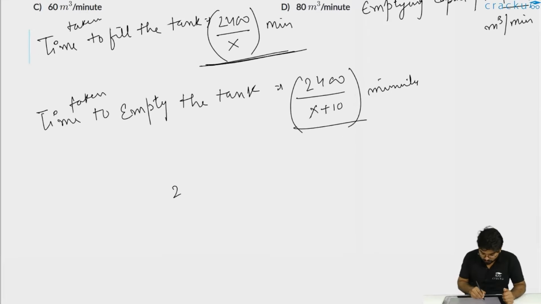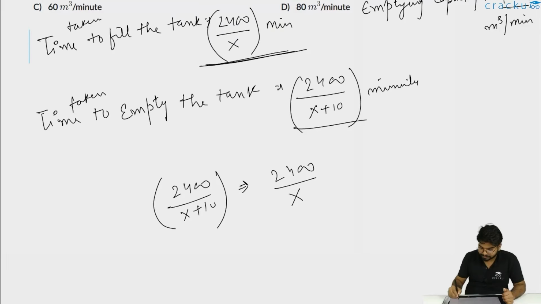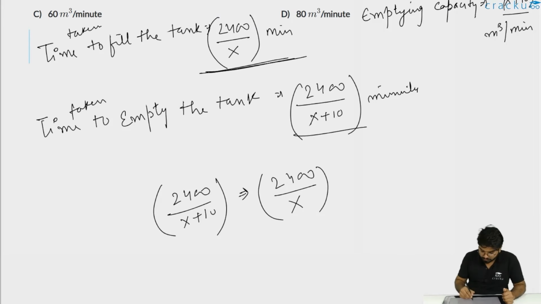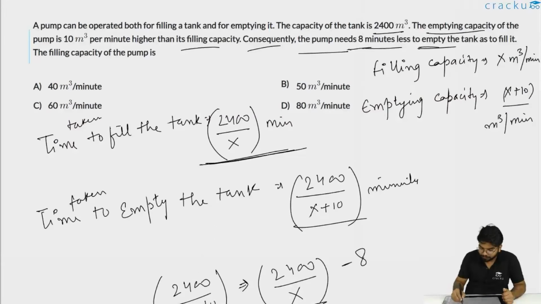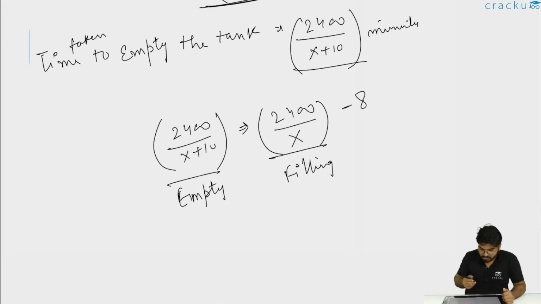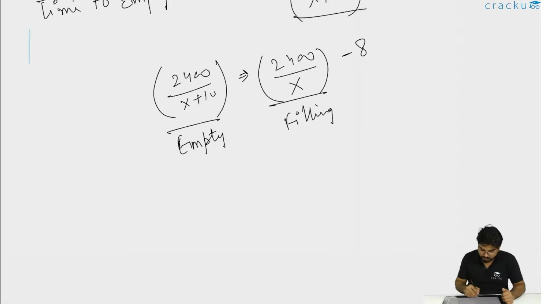So we can say 2400 divided by x plus 10, this is emptying, is equal to 2400 divided by x, this is filling, minus 8. It is saying the pump needs 8 minutes less to empty the tank compared to filling the tank. Let's solve this. We have the simple equation.